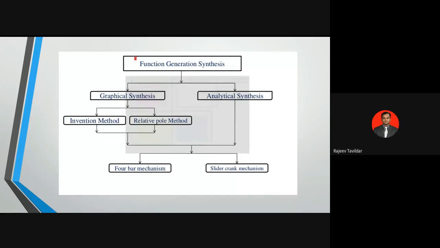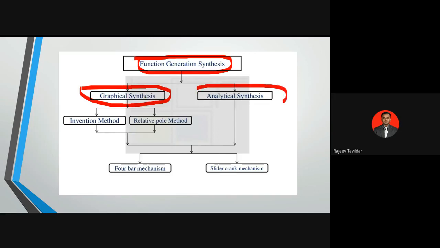Function generation means based on the performance, we can design the mechanism in 2 different ways. The first one is graphical synthesis or graphical designing, purely constructional. So your chapter number 2 and chapter number 3, or unit 2 and unit 3, are purely based on graphical synthesis. And we also have analytical synthesis.